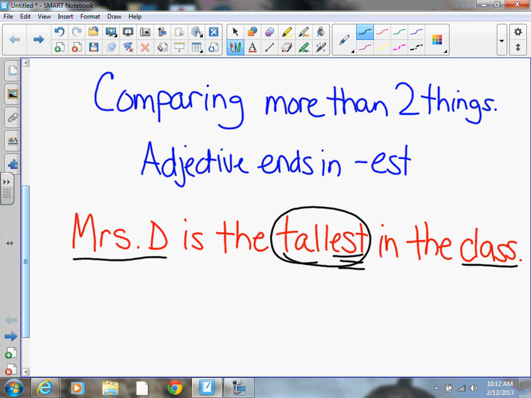ER. Okay? If I say Owen's shirt is the blank of the class, how are you going to fill that? Write it. Because I'm comparing one person to more than one person. Make sense? Does that make sense? So if it's only two people, it's ER. If it's more than two people, it's EST.